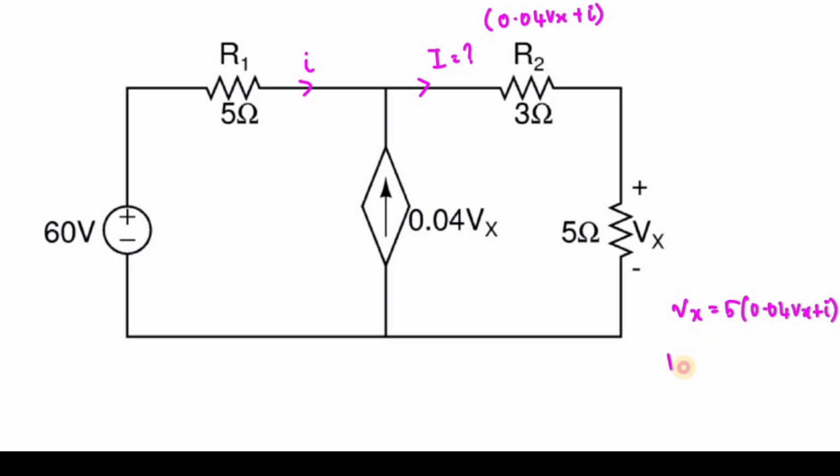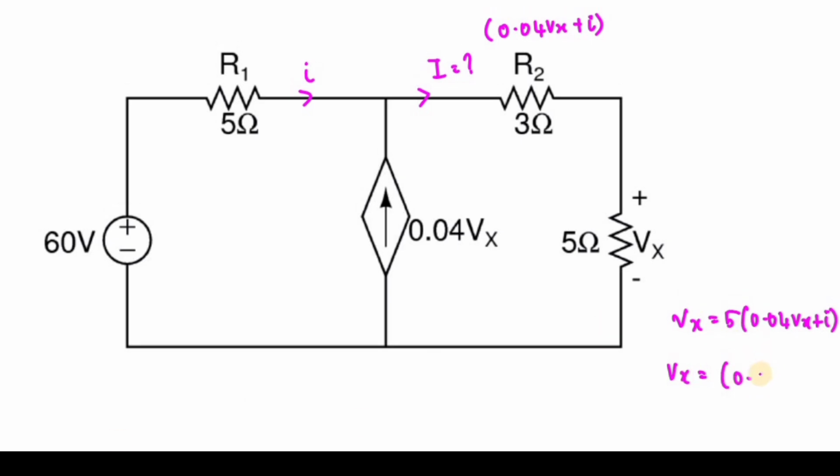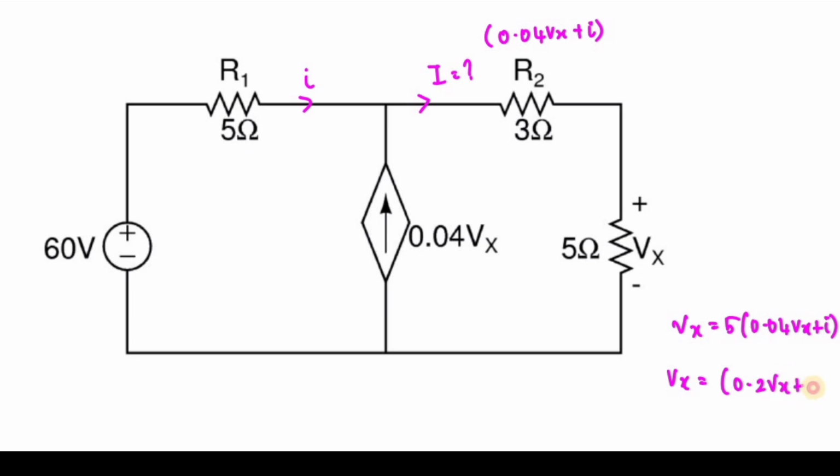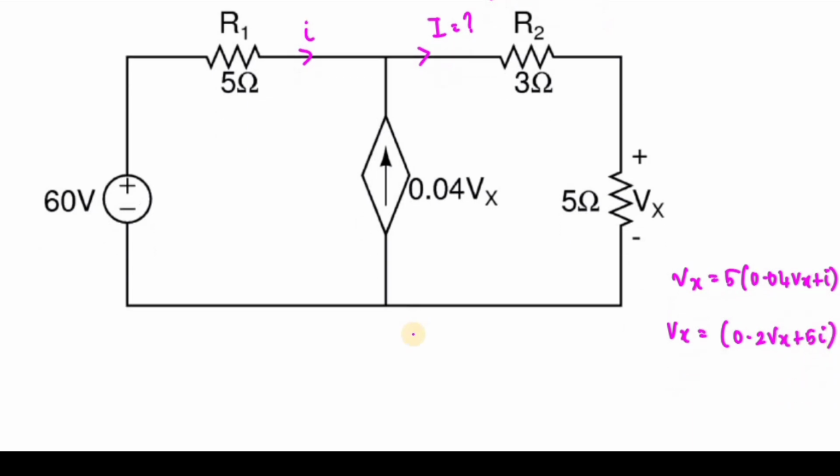So it is nothing but Vx is equal to 0.2 Vx plus 5I.